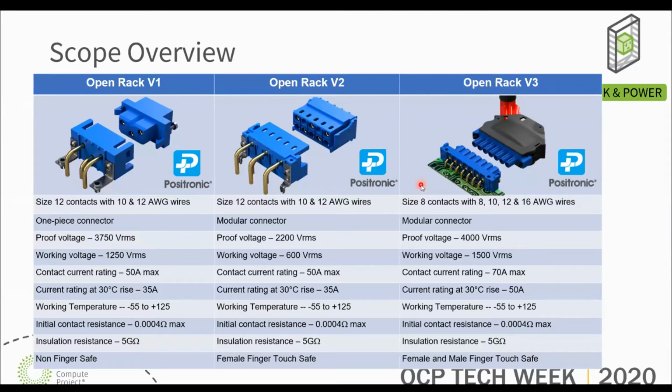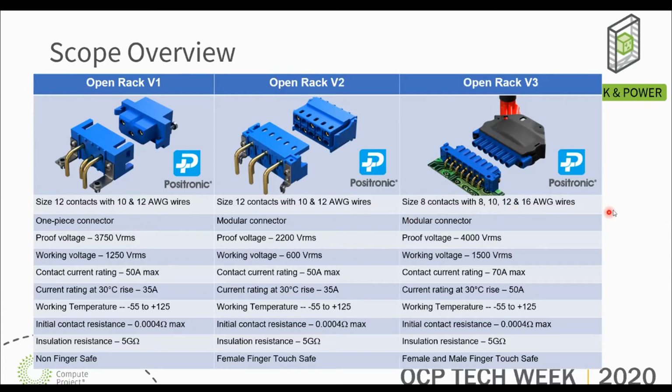I'm not going to detail all these fine details here. As we know, for the Open Rack V1, our connector was selected, and for V2 our connector was also selected. I was personally involved in all of these, especially V2, and then V3.